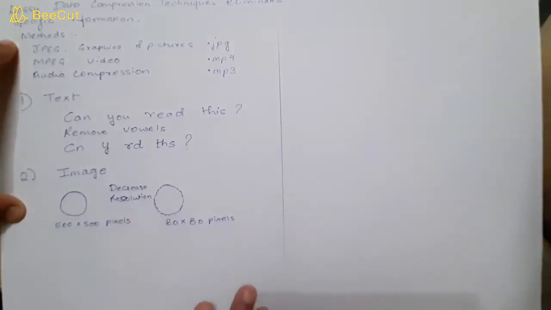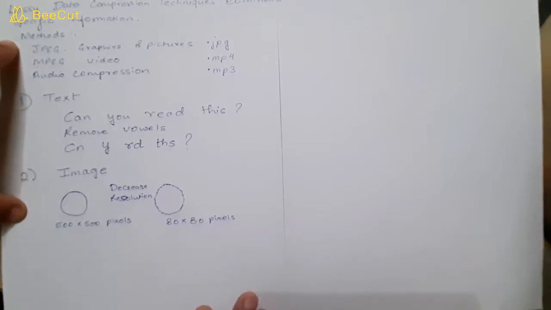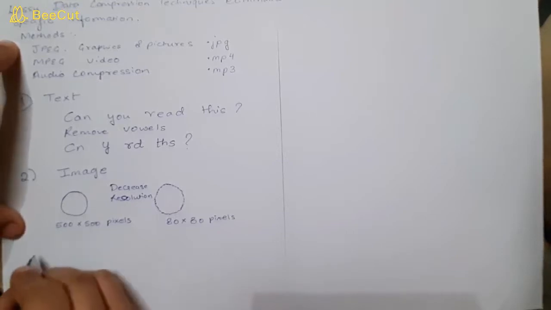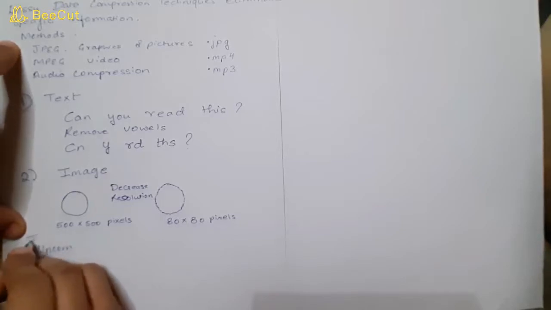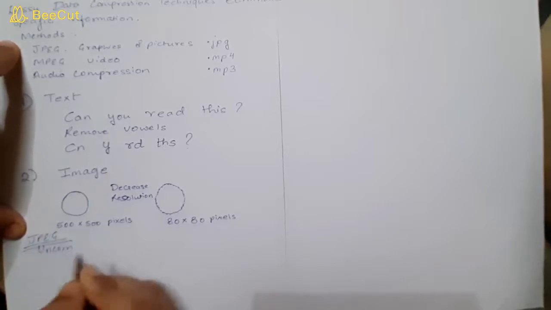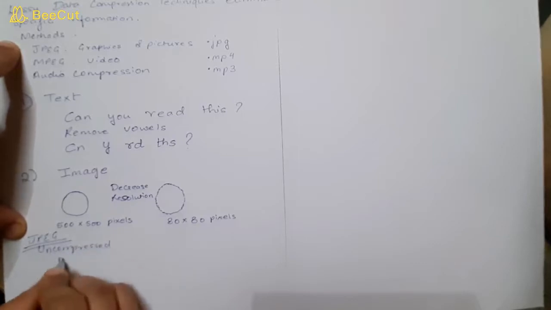In the JPG method, which is used for compressing pictures or graphics, we have certain phases, certain steps. Suppose you have one uncompressed picture.